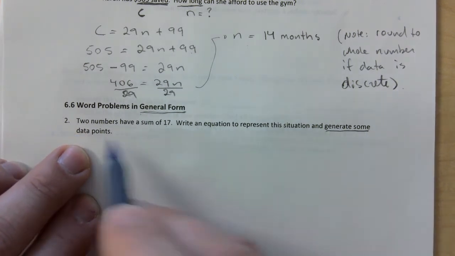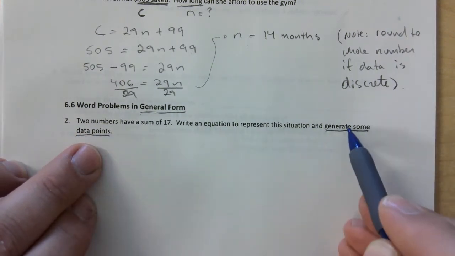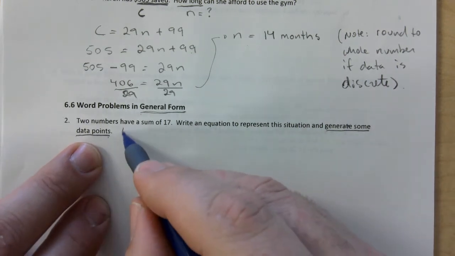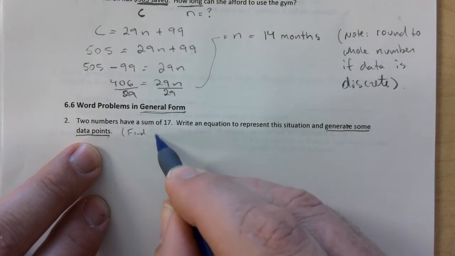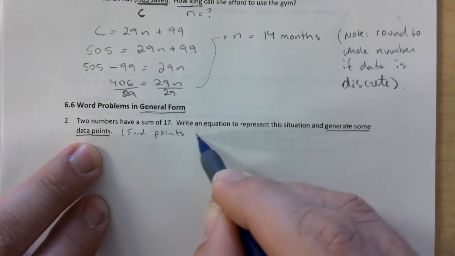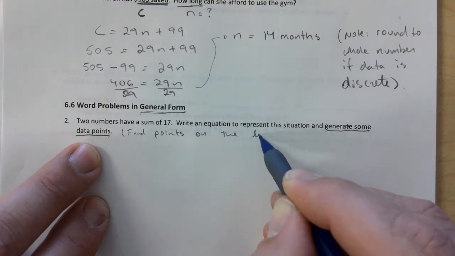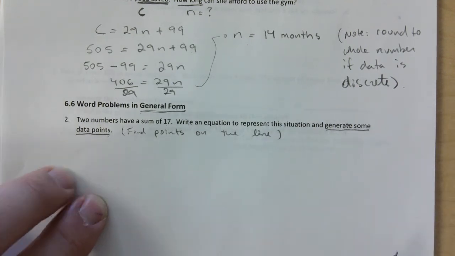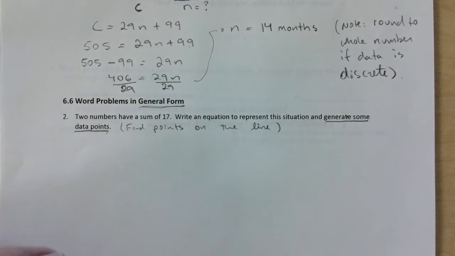This is in your textbook, you're going to have this, right? You're basically finding points on the line. That's basically what they're asking you there. Find some points that lie on this line that you're about to model. Okay.